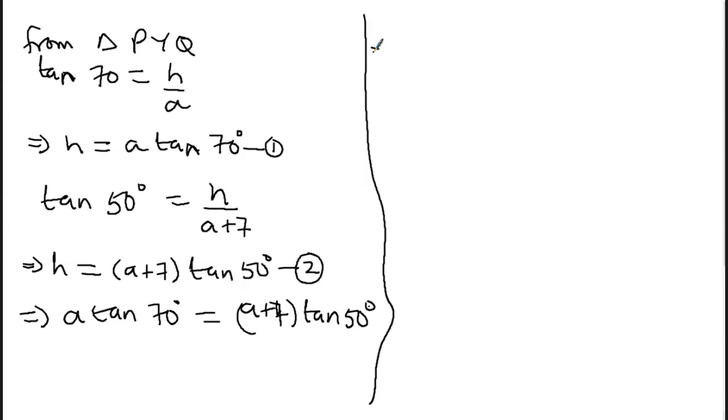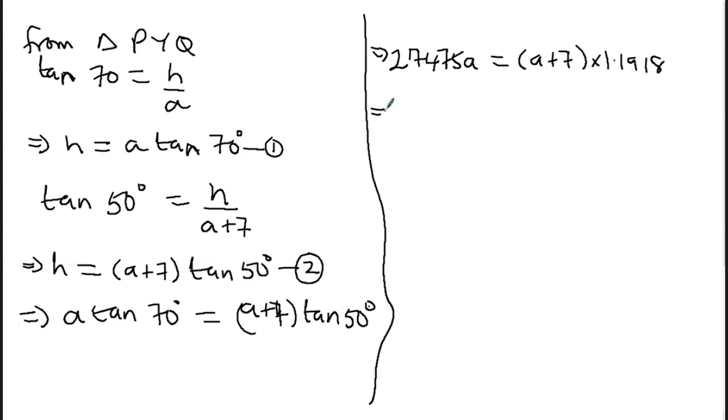From your calculator you can compute tan 70, and it is 2.7475, so 2.7475a is equal to a plus 7 times tan 50, which is also 1.1918. That is from your calculator.